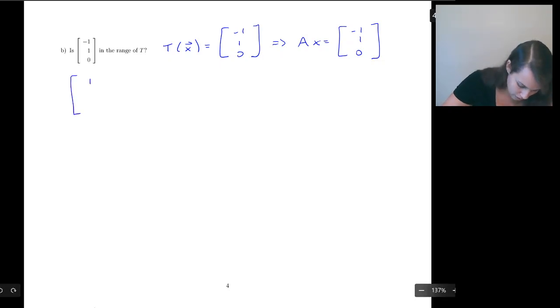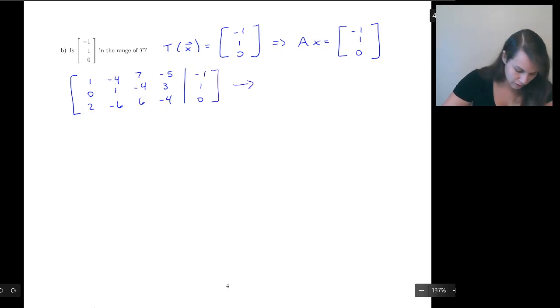So we've got 1, 0, 2, negative 4, 1, negative 6, 7, negative 4, 6, negative 5, 3, negative 4, negative 1, 1, 0. And we're going to start off with R3 minus 2R1.